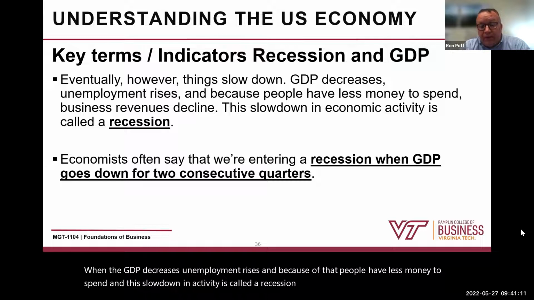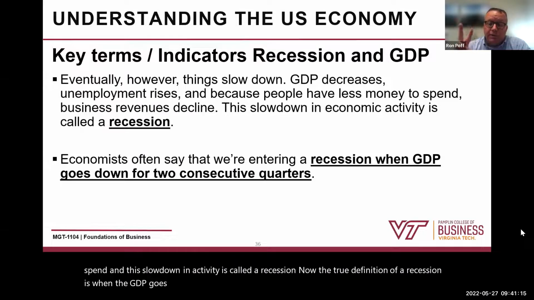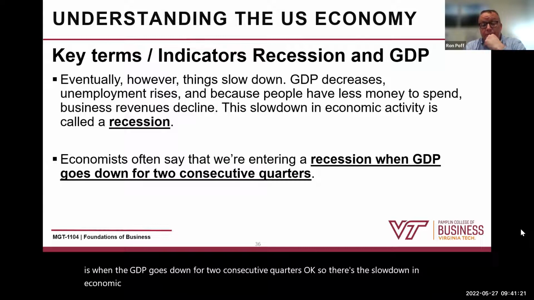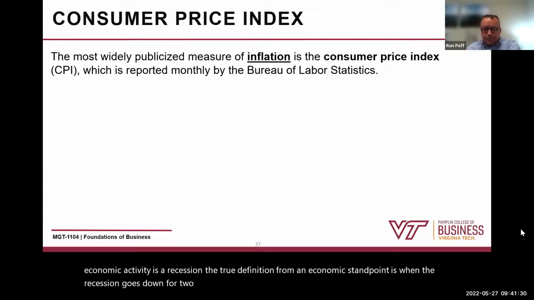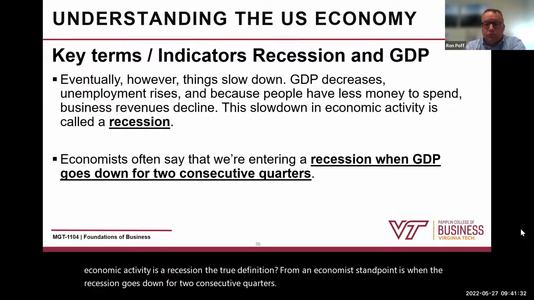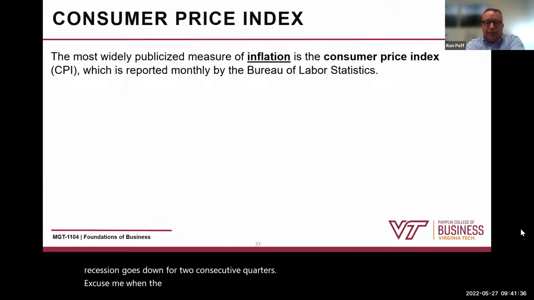Now, the true definition of a recession is when the GDP goes down for 2 consecutive quarters. The true definition from an economist standpoint is when the GDP goes down for 2 consecutive quarters. Excuse me, I think I misspoke there.